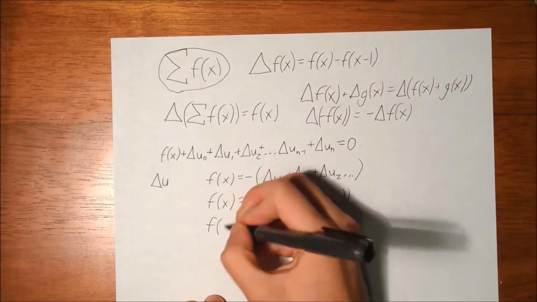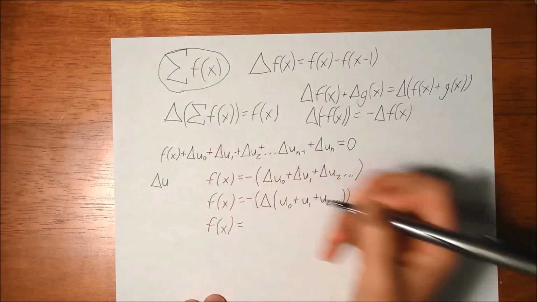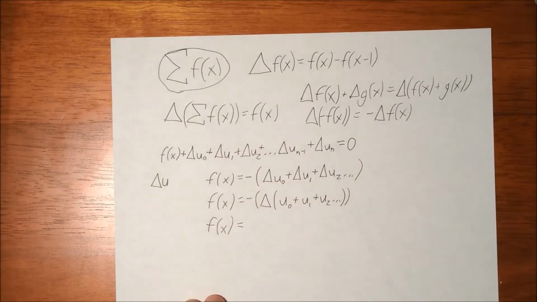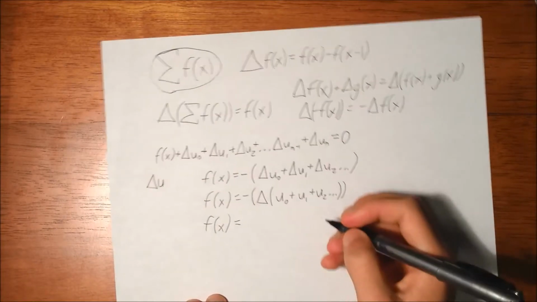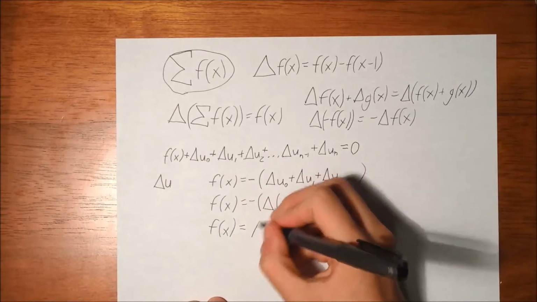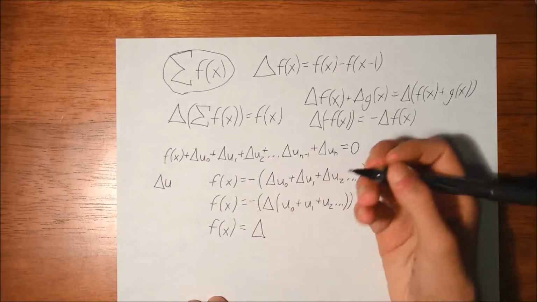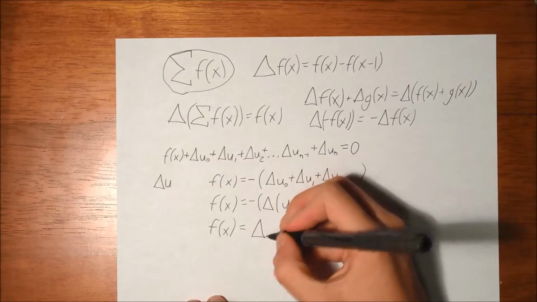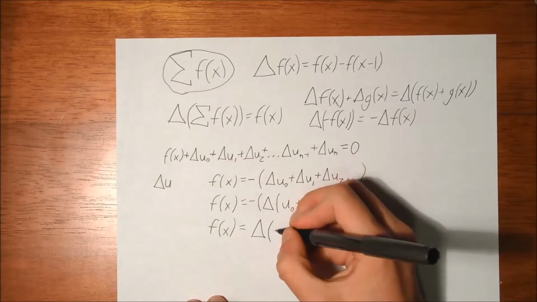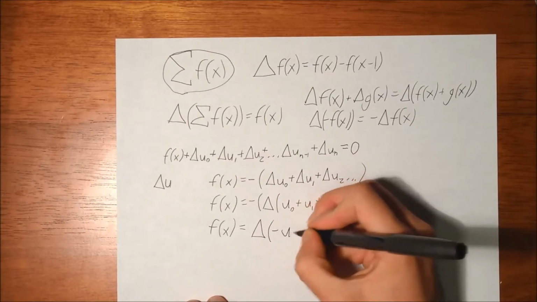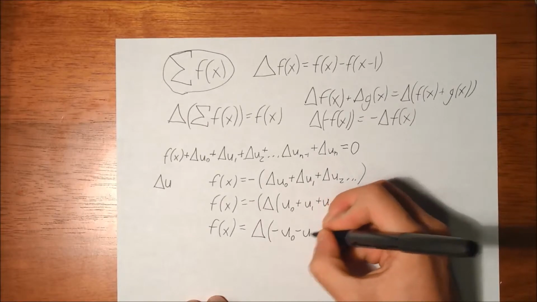So that means that f of x equals the delta of the negative value of all of these.